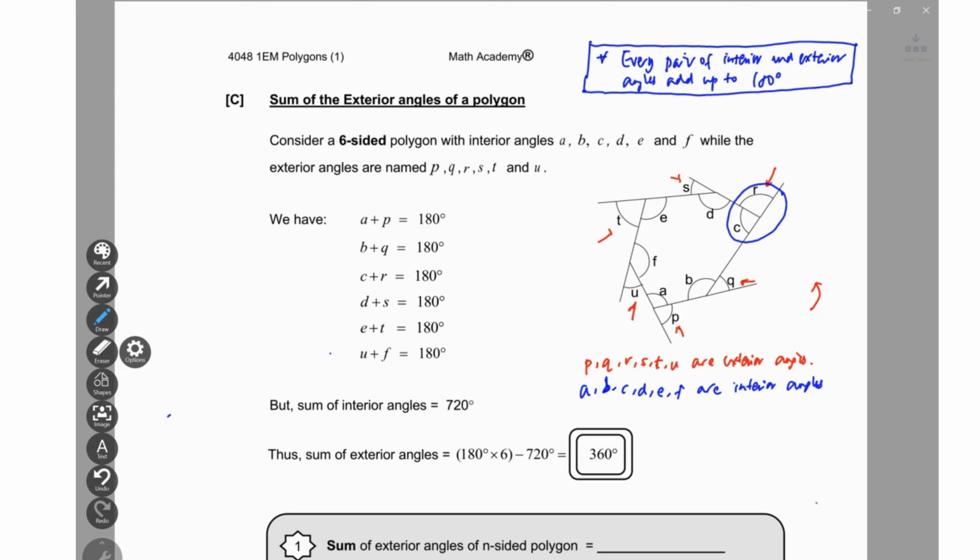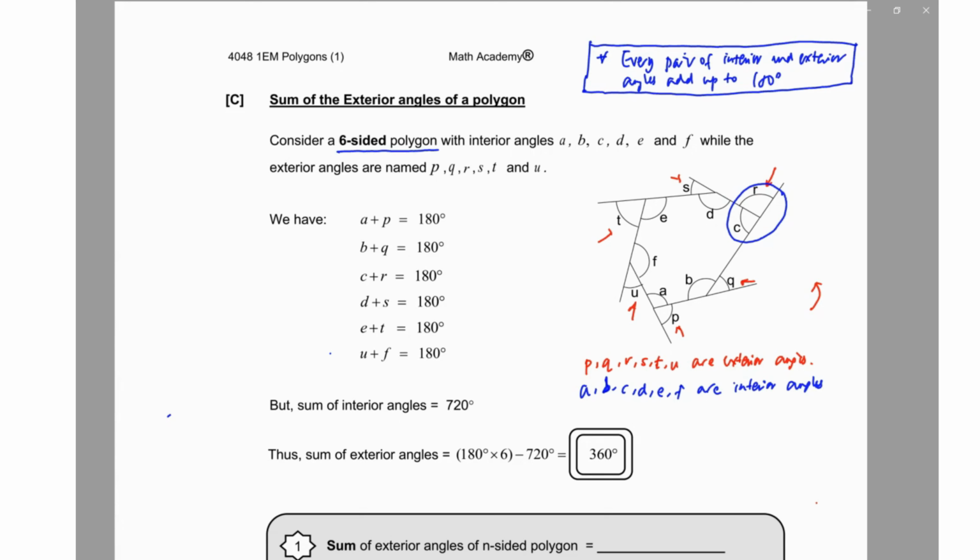In this diagram, we see that it is a six-sided polygon. Six-sided polygons will have six pairs of such combinations of interior and exterior angles. In this diagram, you are asked to find the sum of exterior angles.